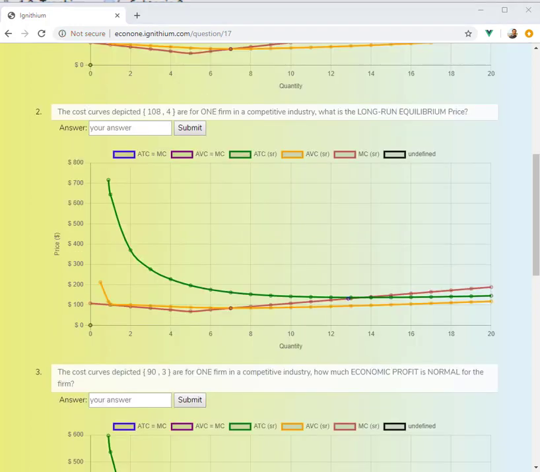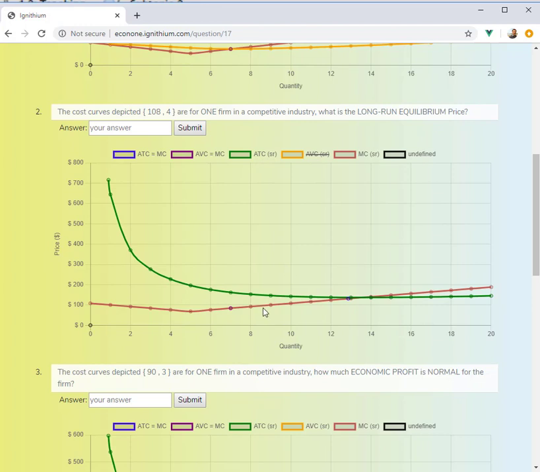Okay, so now we move on to question number 2. And this one's a little bit tricky because it's asking about long-run equilibrium, and it gives these curves here, which gives you the impression that everything is still short-run. But you have to remember that everything becomes variable in the long run. So really what they want us to focus on is, for a competitive industry, the long-run average total cost curve.